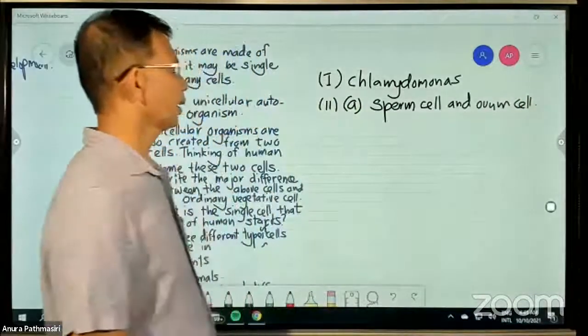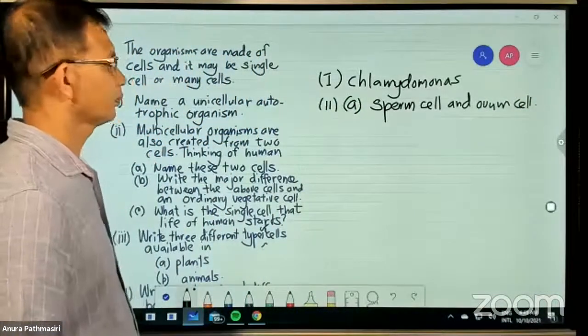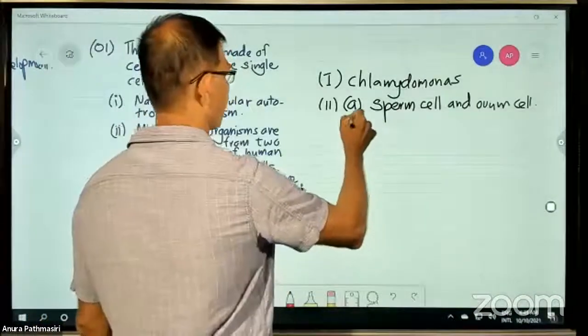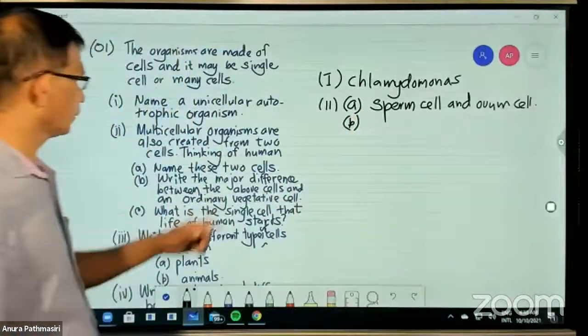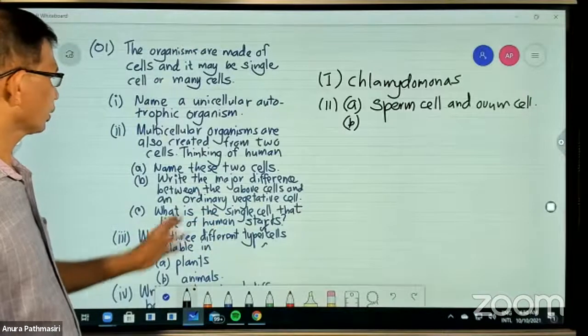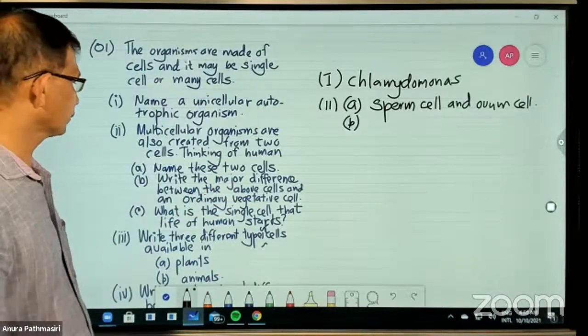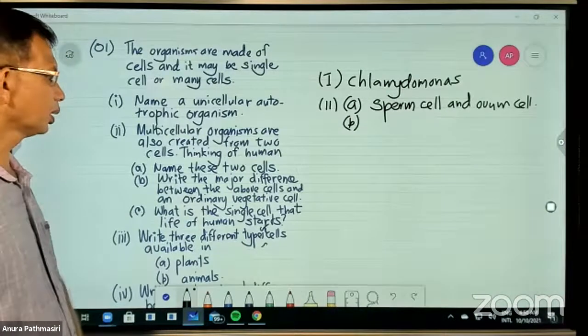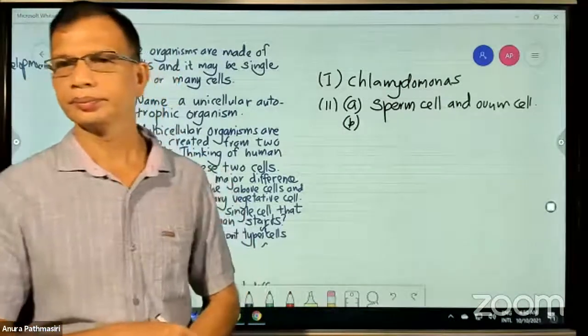Sperm cell from the male, ovum from female. Part B: write the major difference between the above cells and an ordinary vegetative cell.